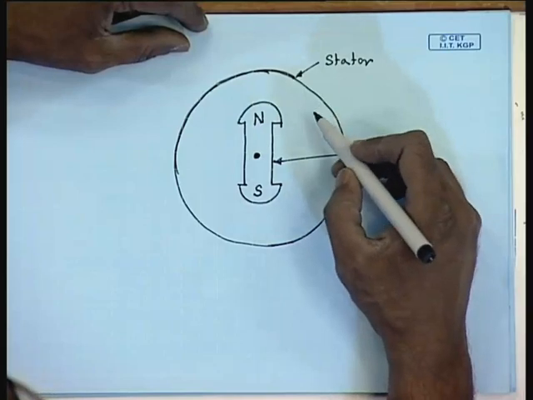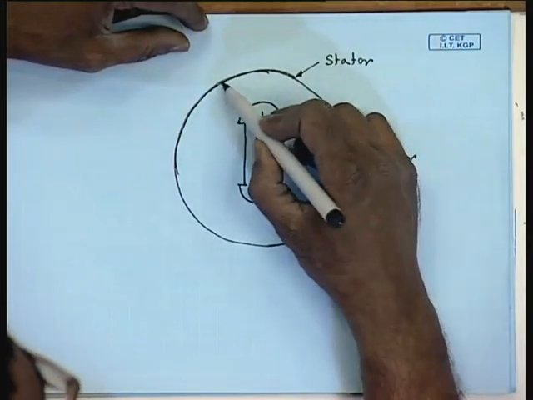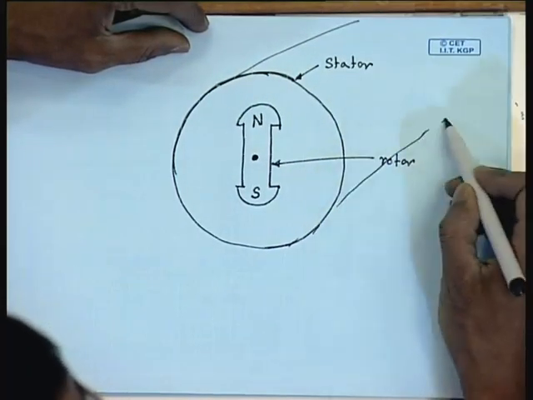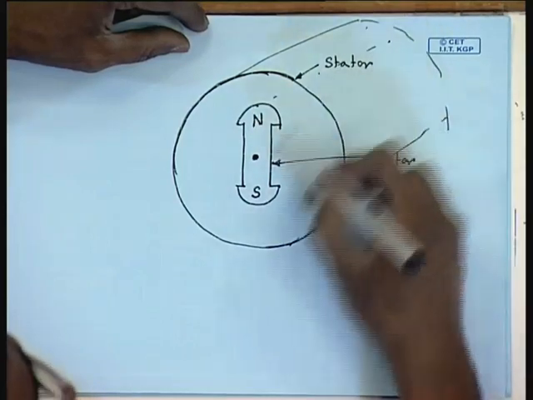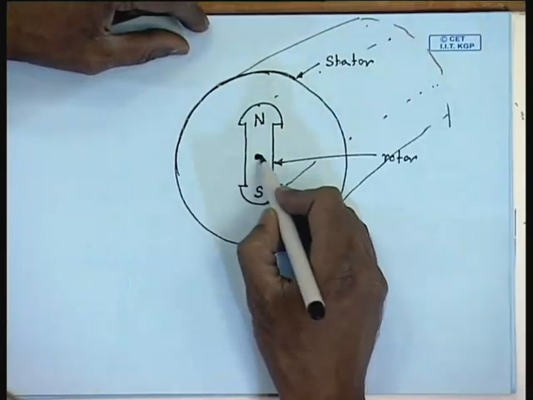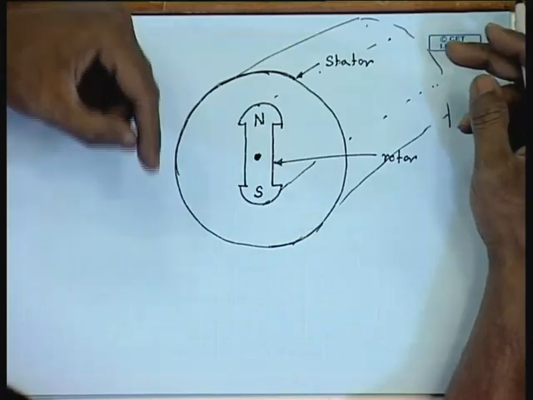Here I would like to mention that we are taking a cross sectional view of an electrical machine. Actually, it is a cylinder kind of construction, and this rotor also runs the whole length of the machine body and is normally supported by two bearings at the two ends.